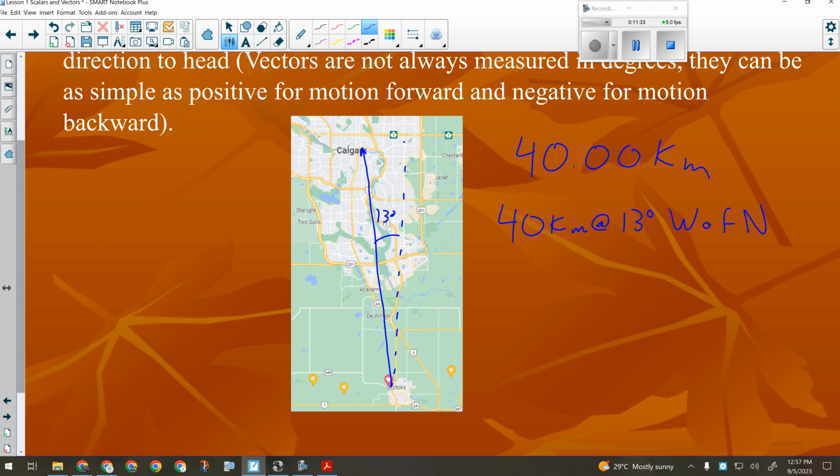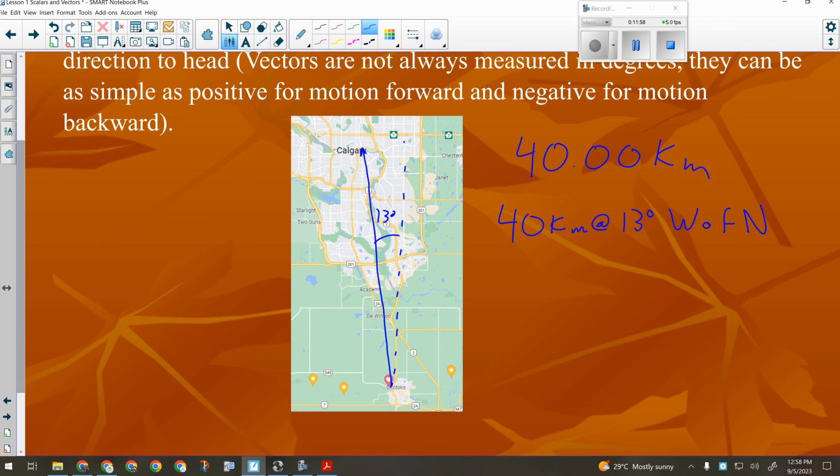Both of these measure how far. But this one is accurate to the nearest 10, plus or minus 10 meters. This is accurate to plus or minus 1,000 meters. There's no numbers past the one's position in that number. It's accurate to plus or minus 1 kilometer, 1,000 meters. The other one is accurate to plus or minus 10 meters.